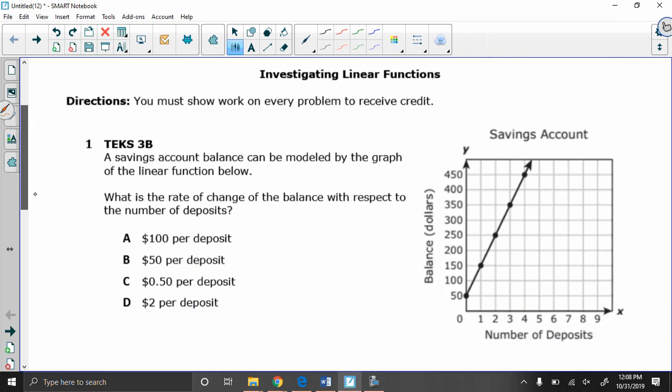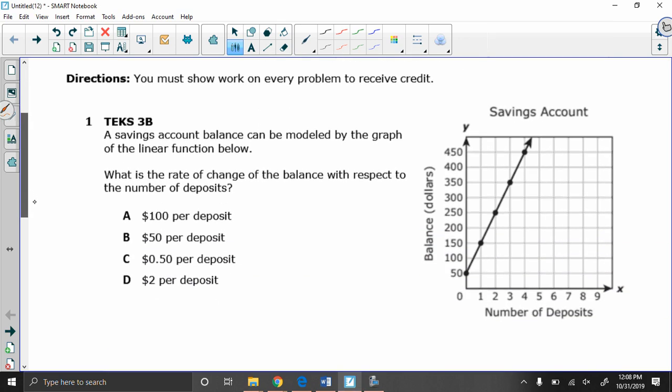Question number 1 says, a savings account balance can be modeled by the graph of the linear function. What is the rate of change of the balance with respect to the number of deposits? So the rate of change, that's our slope, which is rise over run.